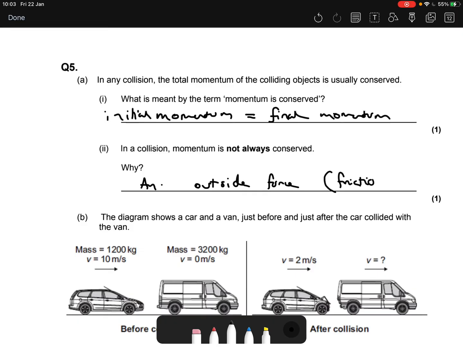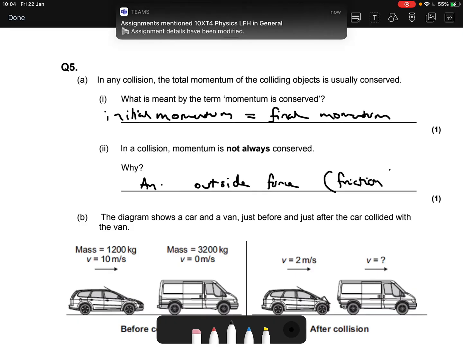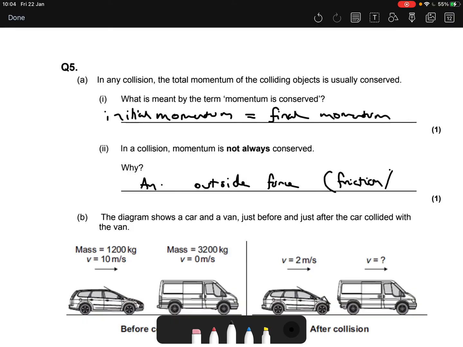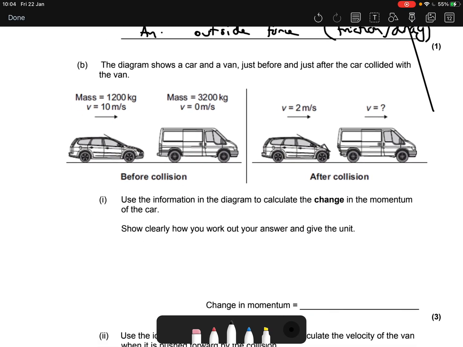So that could be friction, or drag. So something else is acting on it, which is removing momentum from the system. Now remember, that's why on the air track I had to have no friction acting, otherwise things would just stop anyway.